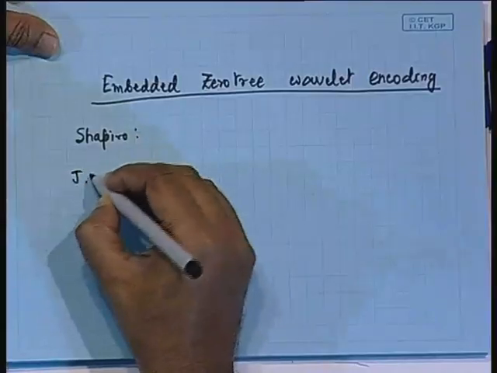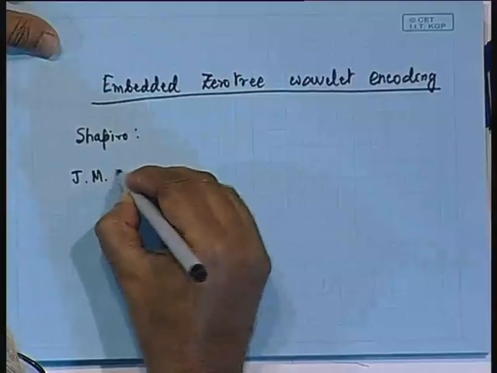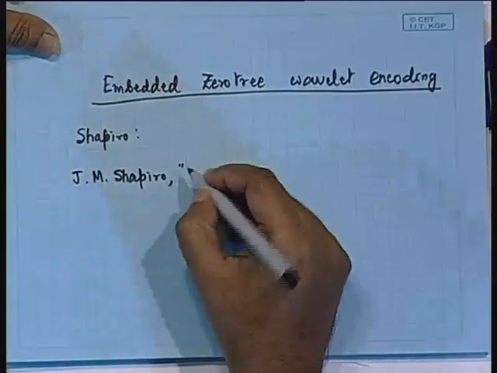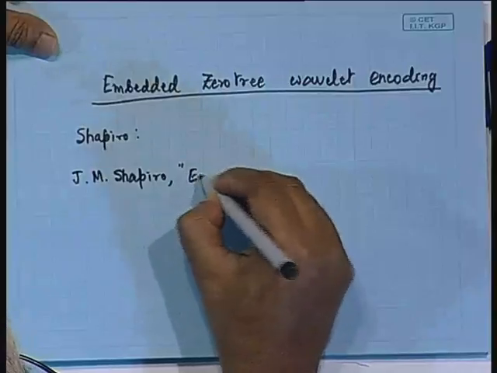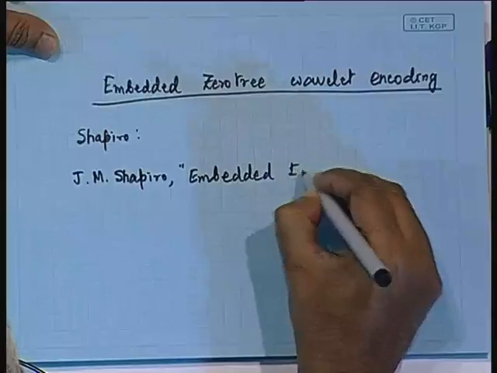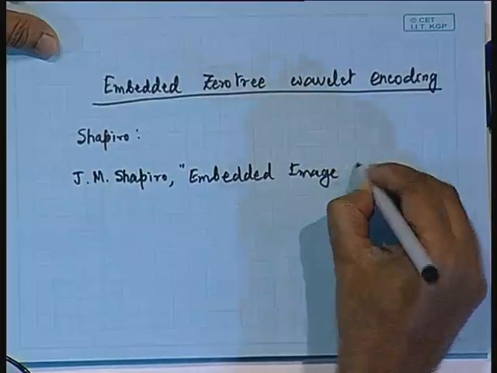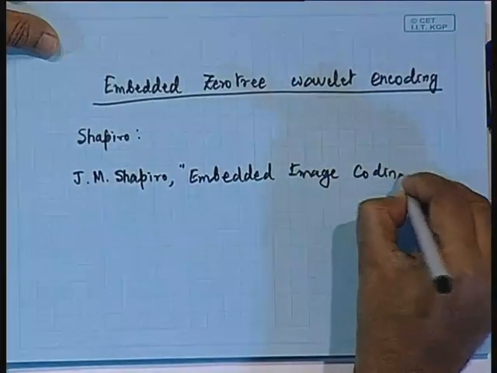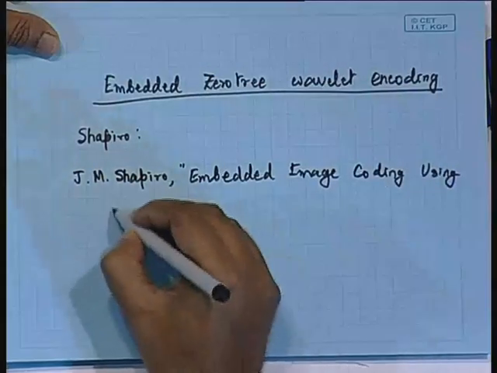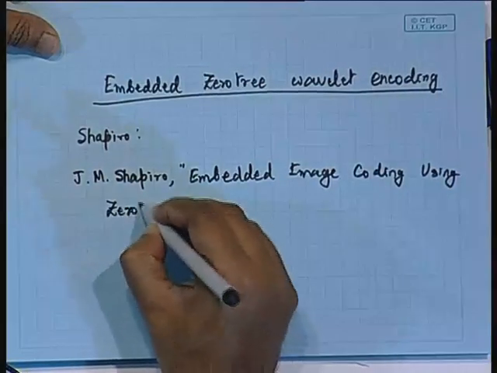The paper is written by Jerome M. Shapiro. He is the author of the paper, and the title is Embedded Image Coding using zero trees of wavelet coefficients.